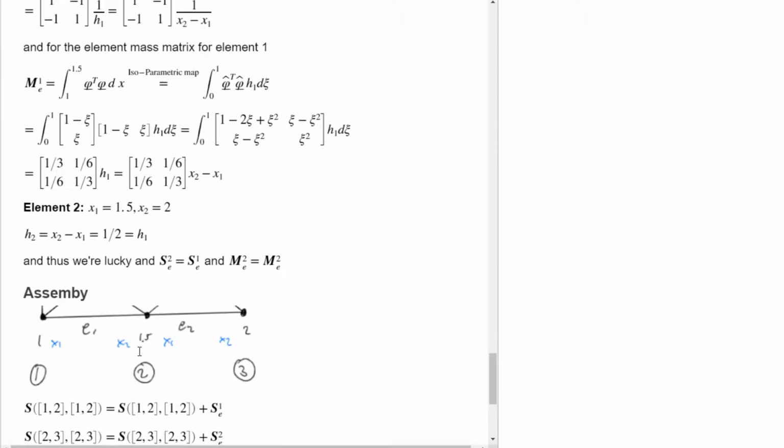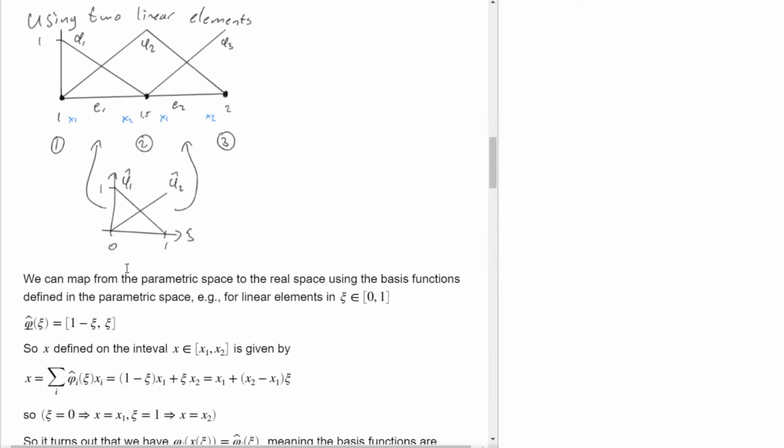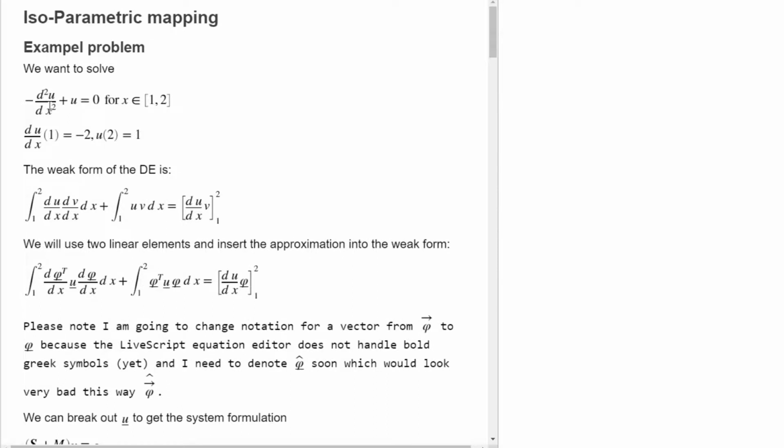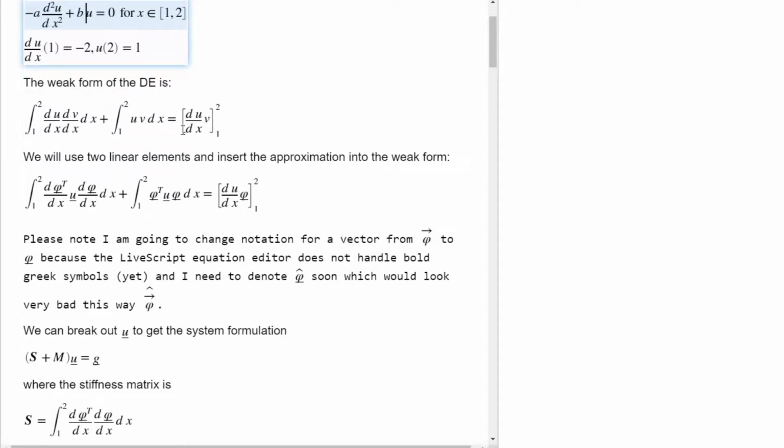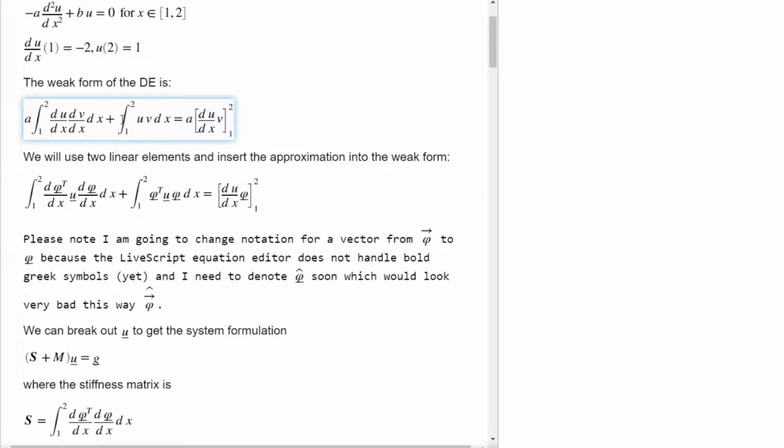Let's just quickly mention that if we had some constants, let's call them a here and b here, then these constants will affect our solution as well. So we would have a here, and we would have b here in our weak form.